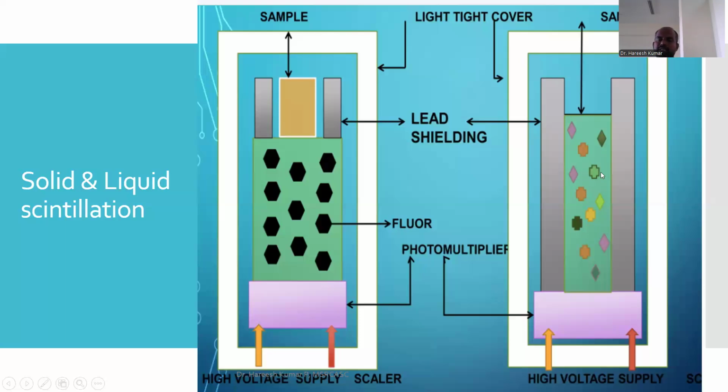Those photons are taken by the fluor, which undergoes excitation. When it comes back to the ground state, it emits photons. Those photons are counted by the photomultiplier, and the amplifier makes the pulse count. That pulse count is directly proportional to the radiations of the radioactive element. These are about the difference between the solid and the liquid scintillations.